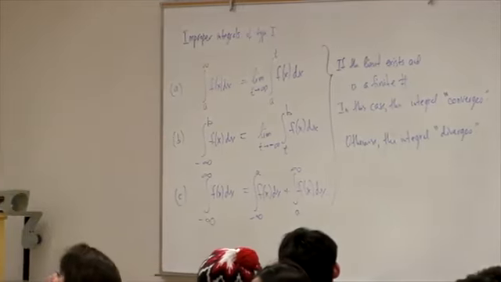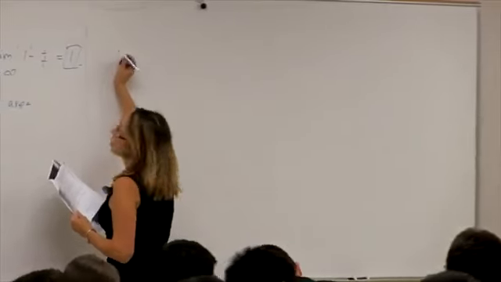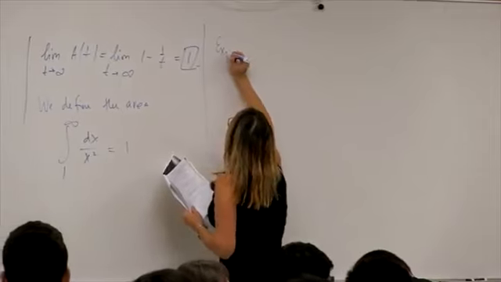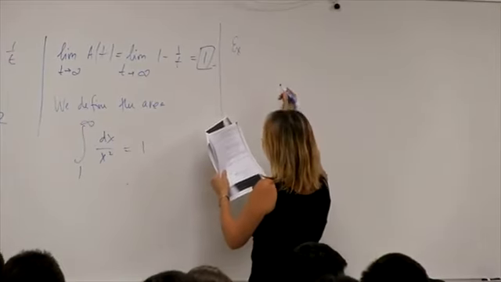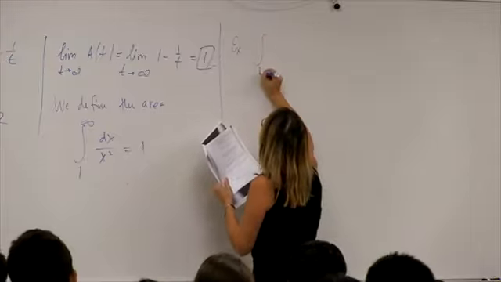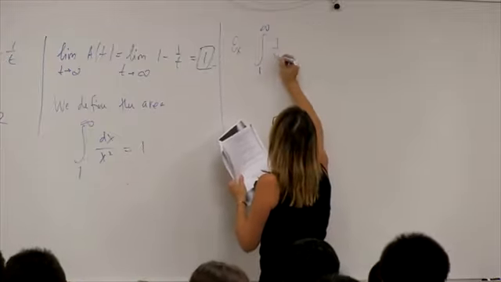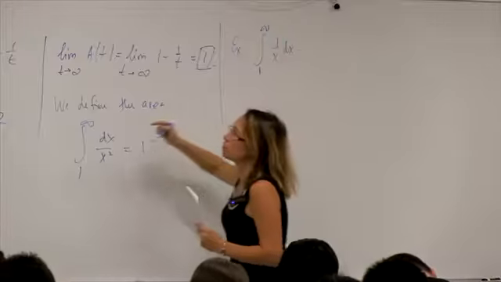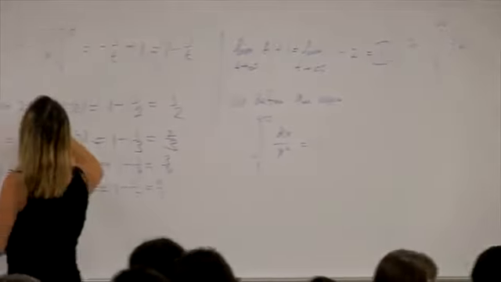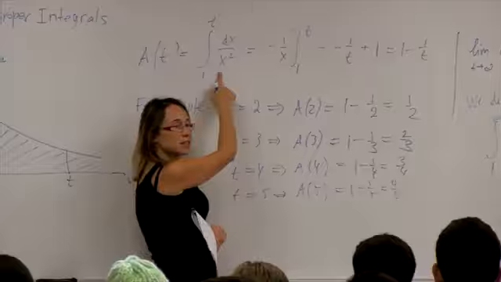We already had one example here. I want to show you a different example, which looks very similar. So calculate an integral from 1 to infinity of 1 over x dx. What's the difference? Here we had 1 over x squared.